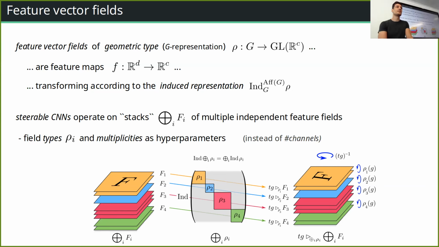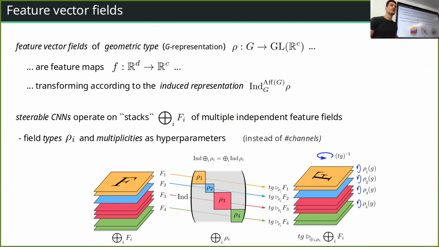So a feature map is basically a function also from R^d to R^c, but it has only a transformation law under translations, but it doesn't have any transformation law under rotations or reflections or so. This wouldn't be defined. It's just not defined how to act on it. And we call it feature field if you also have an affine group transformation defined on it. So it's just like a feature map, but with an affine group action defined on it.